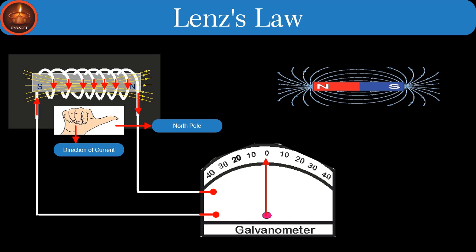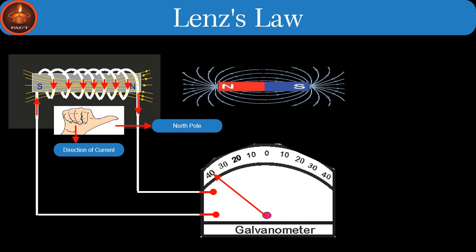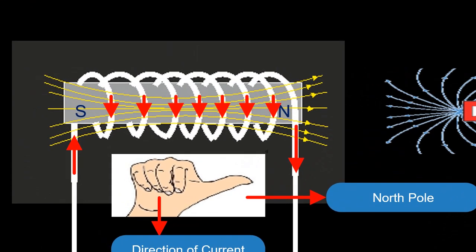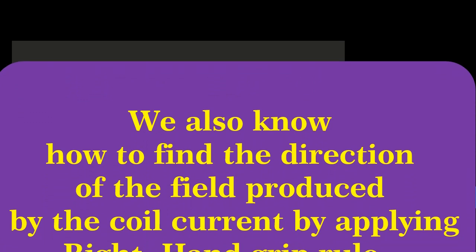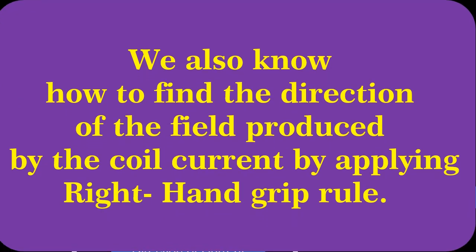Friends, we know that when the magnet is moved towards the coil, current will flow through the coil and it produces the magnetic flux as shown. We also know how to find the direction of the field produced by the coil current by applying the right hand grip rule.